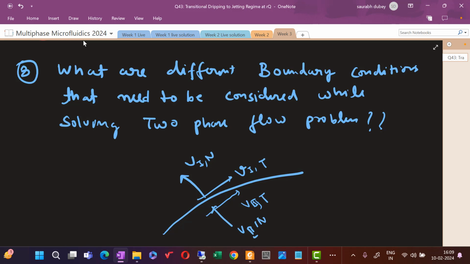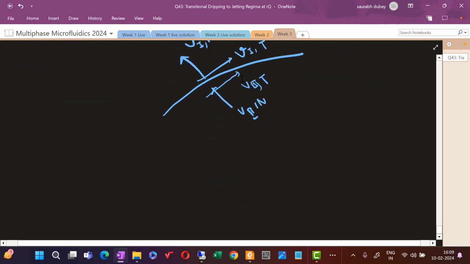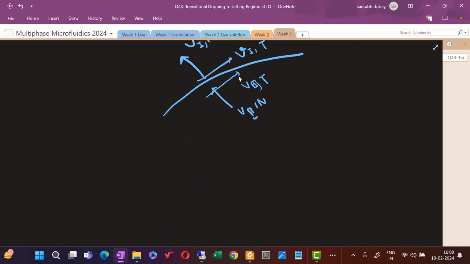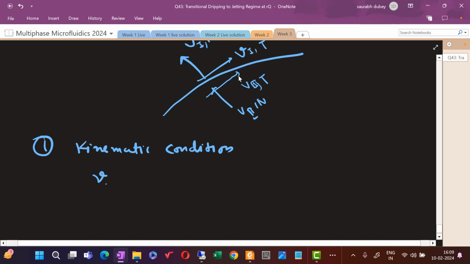So this particular thing explains that there are some kinematic conditions that have to be considered. Kinematic conditions are like continuity of velocity.